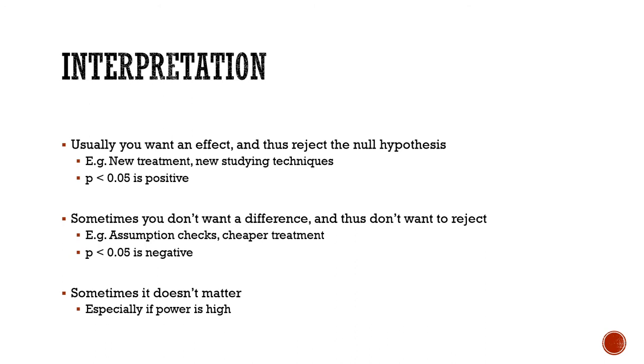But if the power is high, it's weird that you don't find an effect. So at least you know that there is unlikely to be an effect. And in these cases, no effect means as much as some effect. And for new treatment options, that's pretty bad because it means that your new treatment option doesn't work.